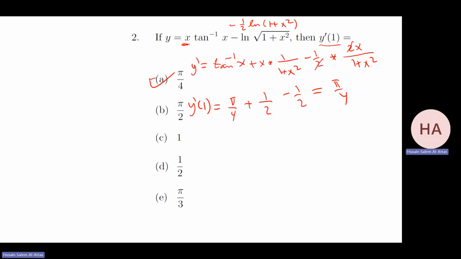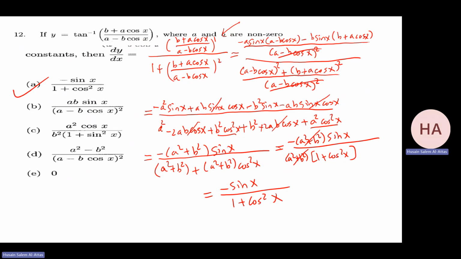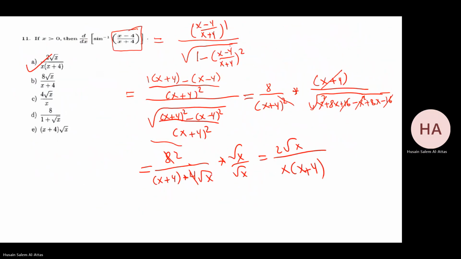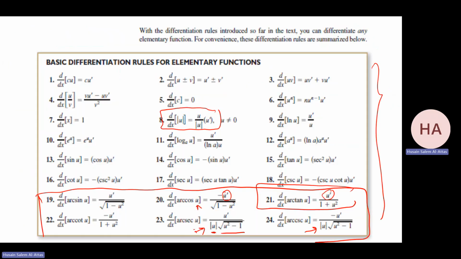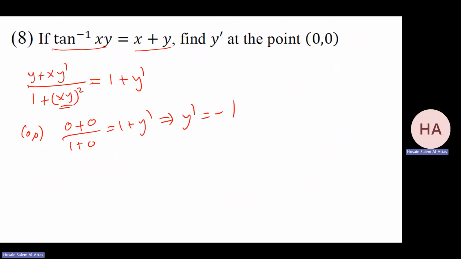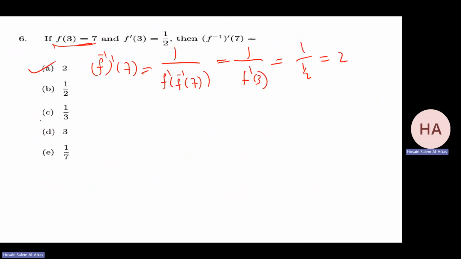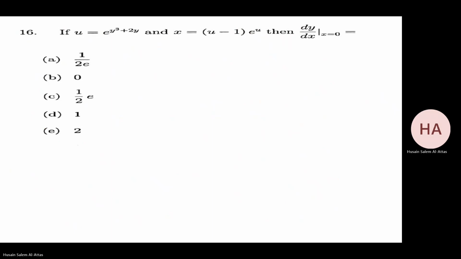Yes, this one. I'll do it in two ways, where I need this formula. But first I will do it as in 3.5, and I will show you how it is complicated using 3.5 to find dy by dx.